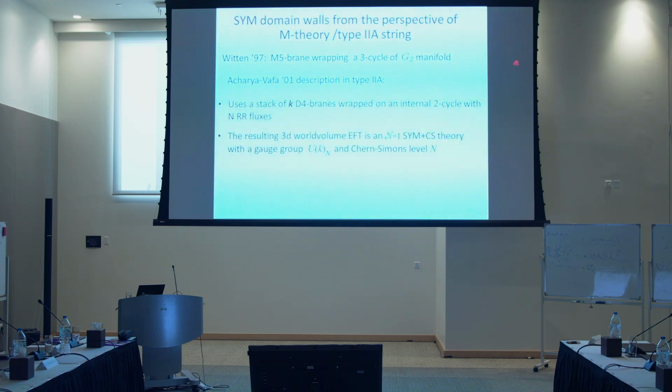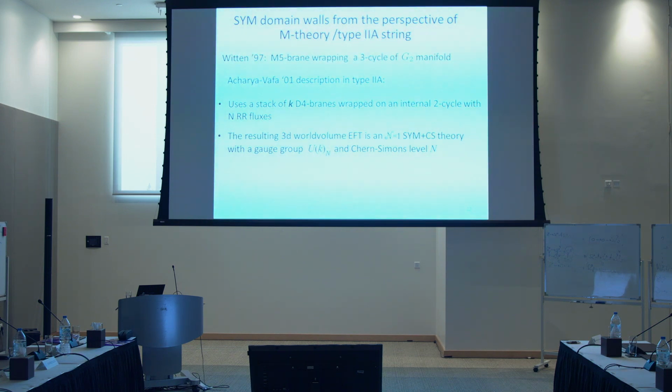And what they got using this construction is that the theory is N=1 super Yang-Mills plus Chern-Simons theory of the group U(k) and the Chern-Simons level N here.